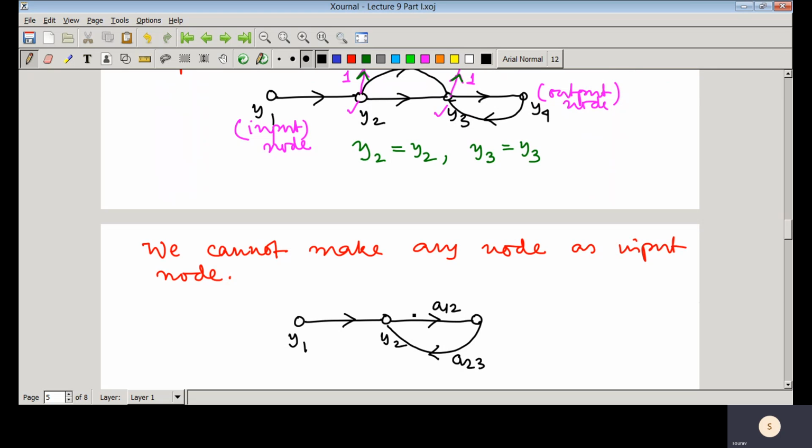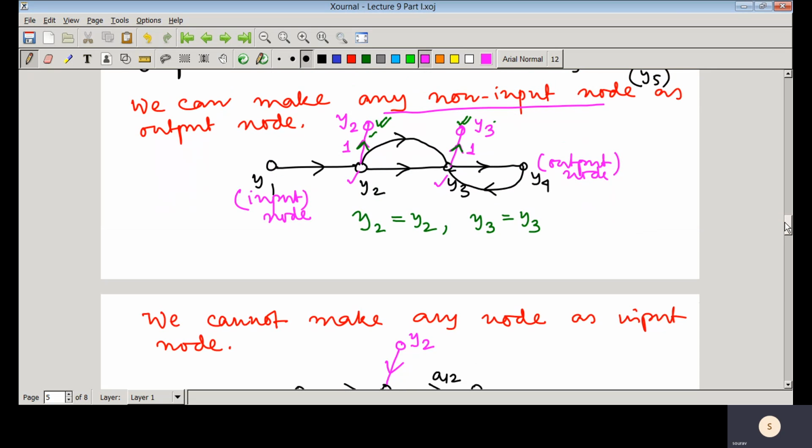Now this is the input node in this particular case. Now suppose we want to make this particular node, Y2, as input node.